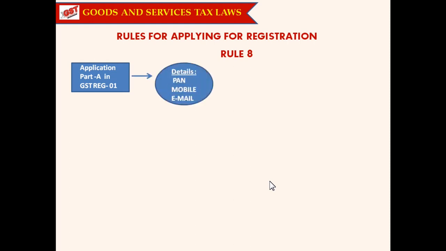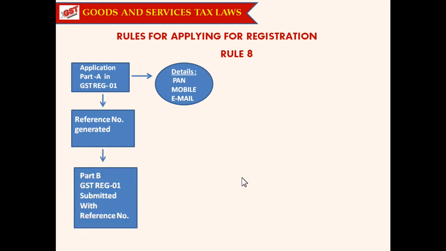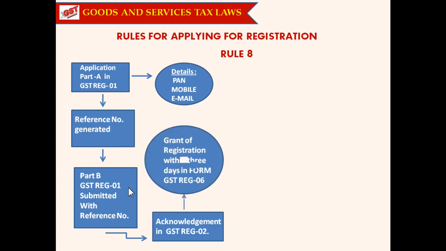Those details are PAN number, mobile, email, etc. Afterwards, a reference number will be generated, and with the help of the reference number, you have to apply in Part B of form GST REG 01, and you will be getting an acknowledgement in GST REG 02. Then the registration will be granted within 3 days in form GST REG 06.